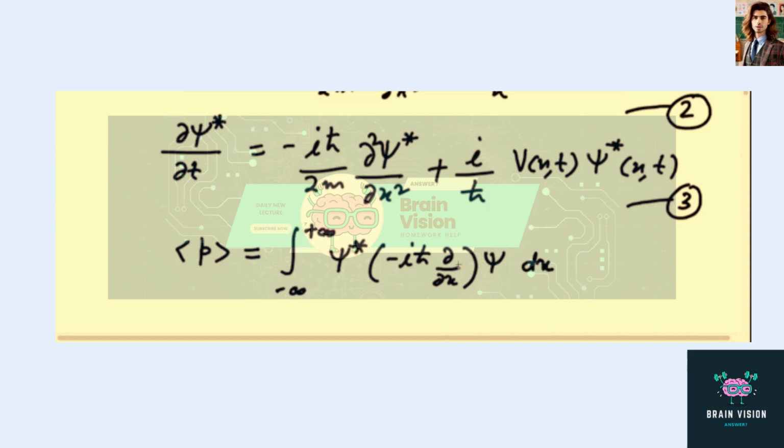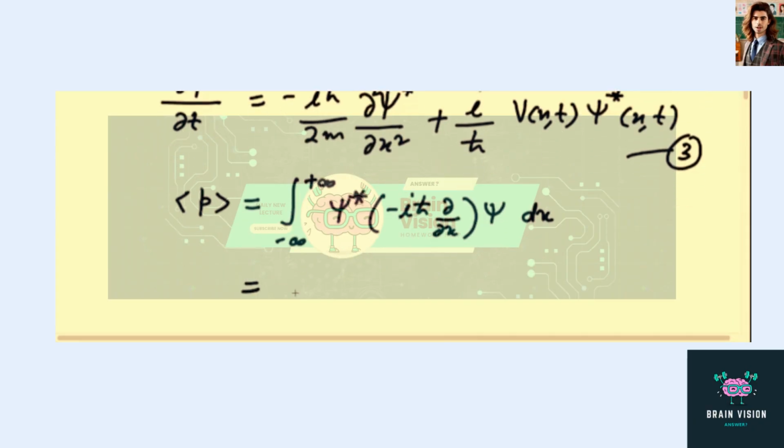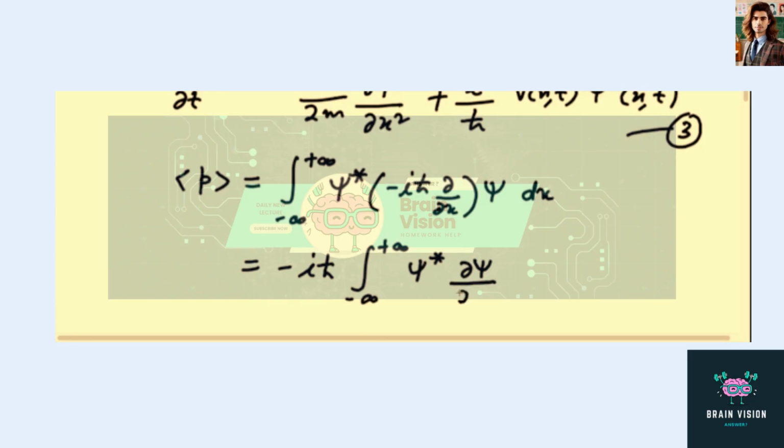So it will be minus i h bar integral of psi star del psi by del x dx.